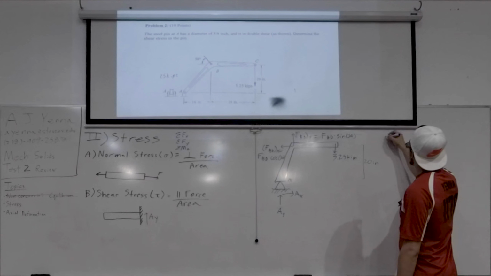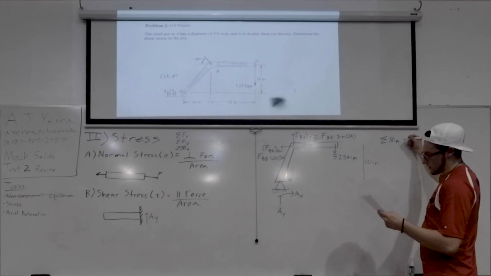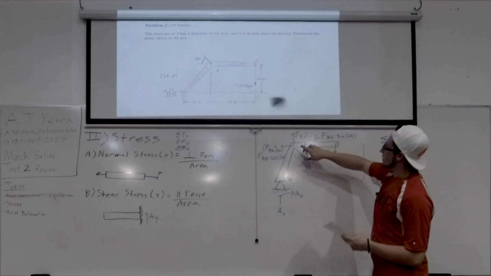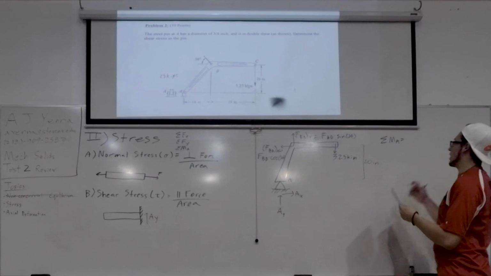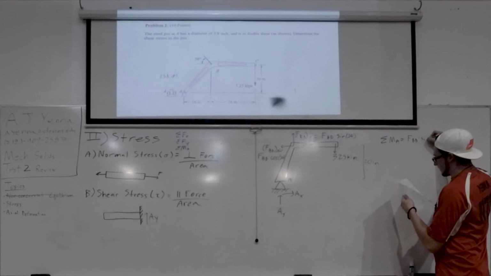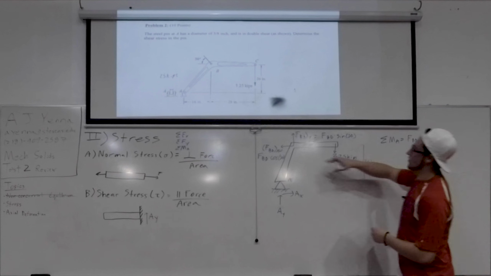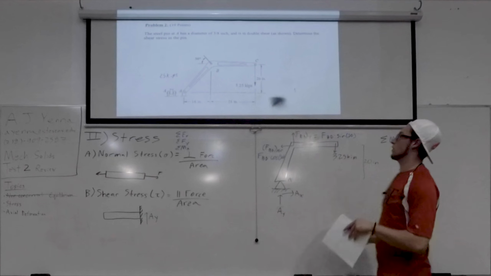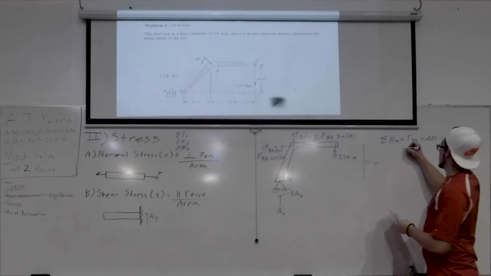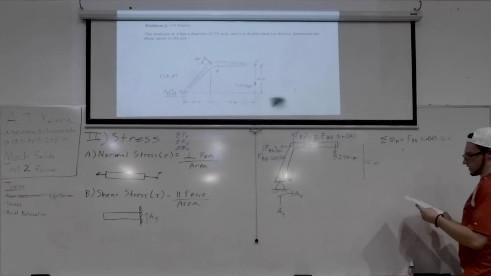So summation of the moment at point A is FBD sine 50. It's counterclockwise, so it's positive. Times 16 inches, which is the distance horizontally across, plus FBD cosine 50 times the 20 inches.